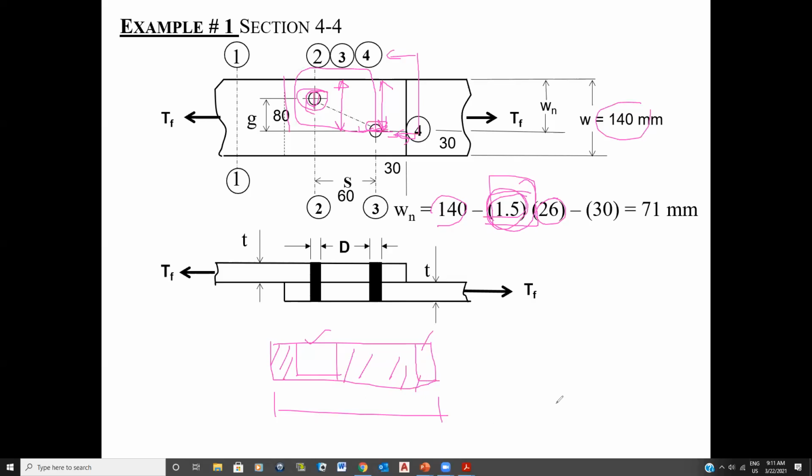In other words, I start off with a width of 140, right? Minus 1.5 times the size of the hole, which is 26. In other words, this is one whole hole, and this is only half of one. And then I subtract the 30 on the other side. And that's going to give me the net area that I have from there to there.